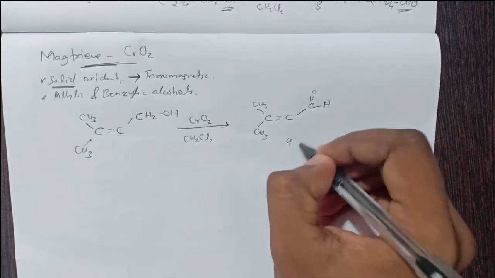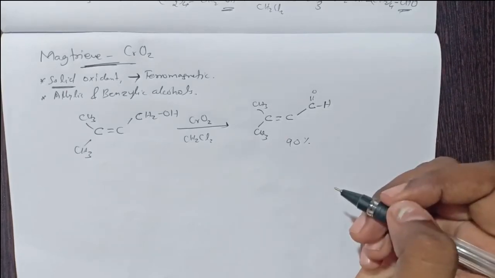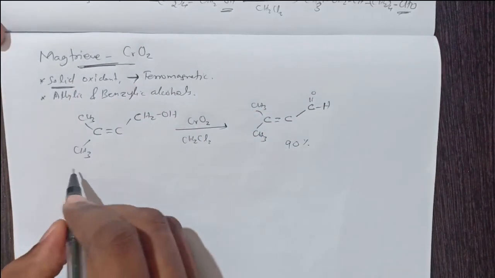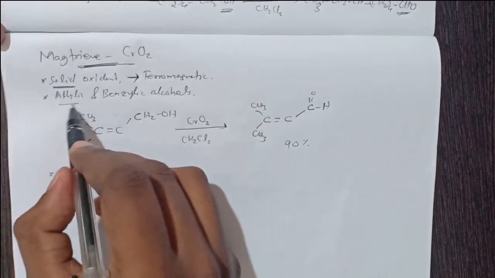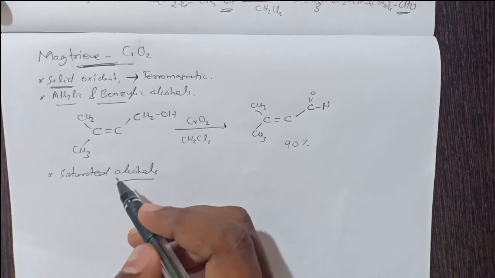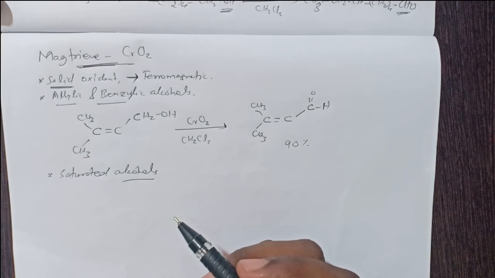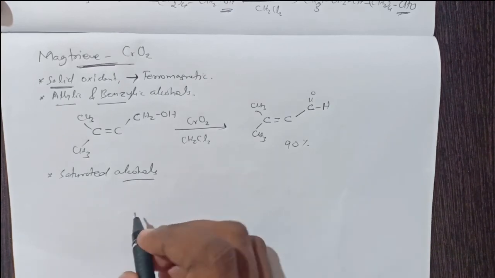Almost 90% of this product is formed. Also, magtrieve is reactive towards saturated alcohols, not only benzylic and allylic alcohols. So this is all about the oxidation reactions of chromium.